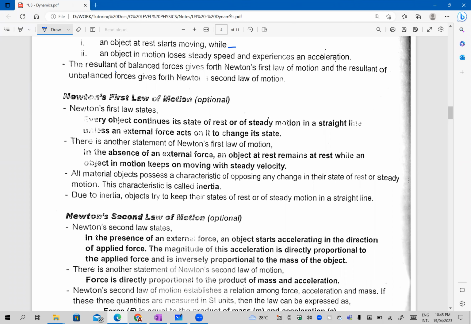The resultant of balanced forces gives forth Newton's first law of motion. Now, the resultant of balanced forces is zero, and the resultant of unbalanced forces is not zero. So when the forces are balanced, the resultant is zero, and you can understand this through Newton's first law.